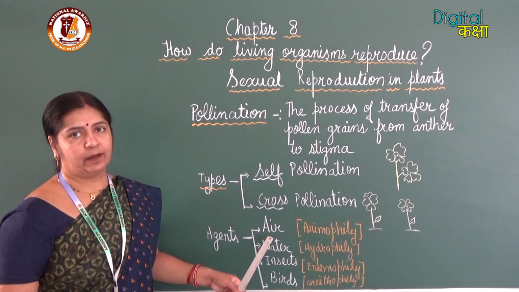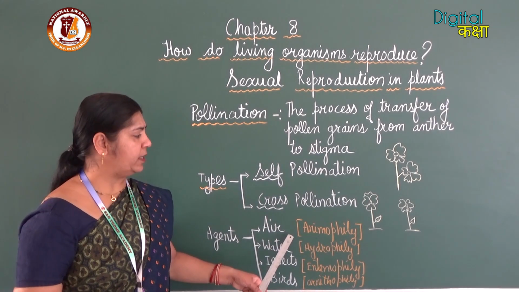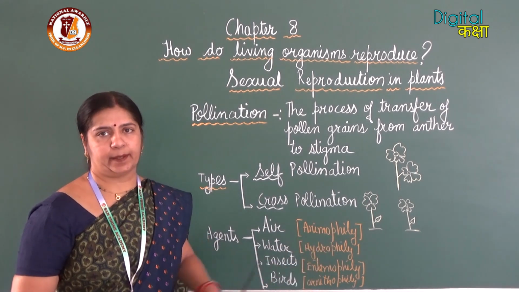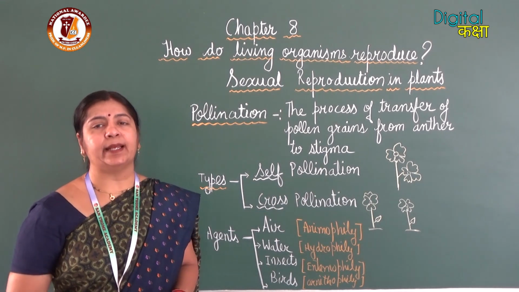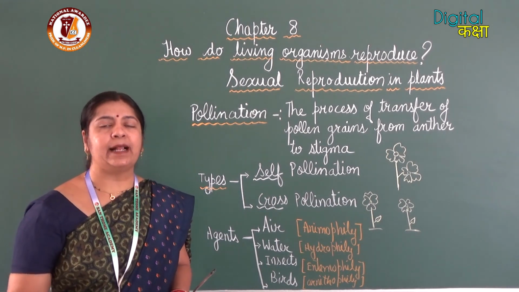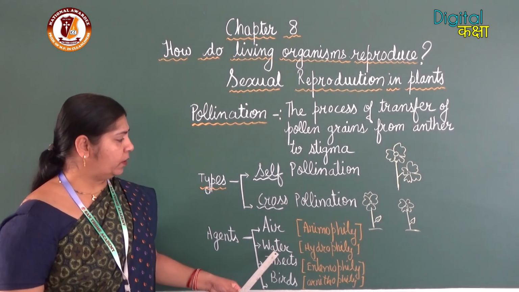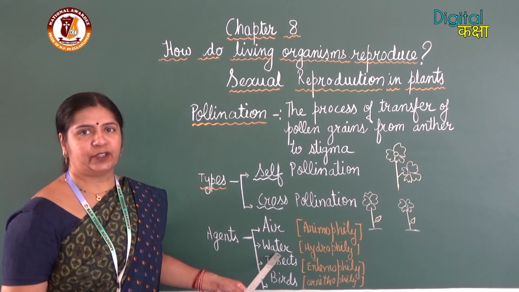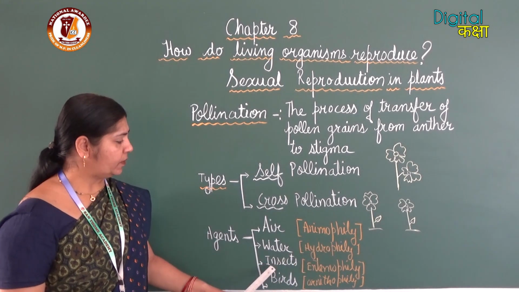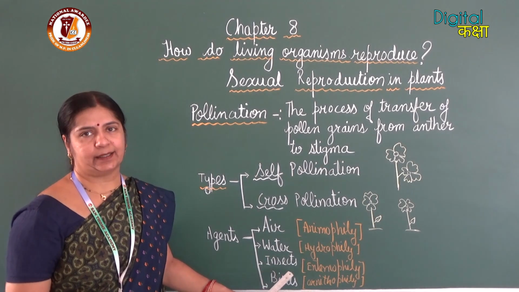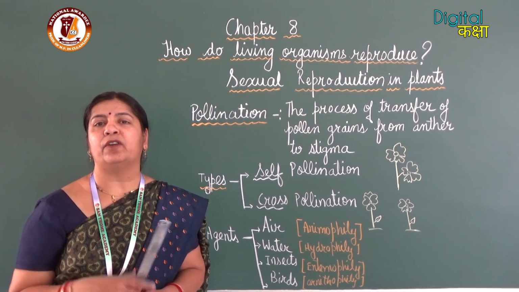If transfer takes place by air, we call it anemophily. Second, water. Especially in aquatic plants like lotus, water helps in pollination, and we call it hydrophily. Next are the insects. Honeybees and butterflies, you must have seen sitting on flowers.